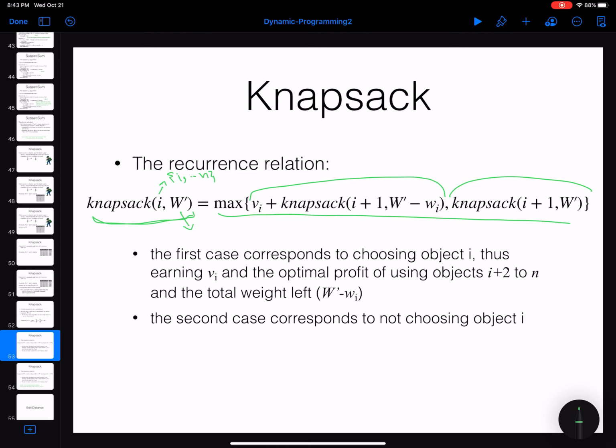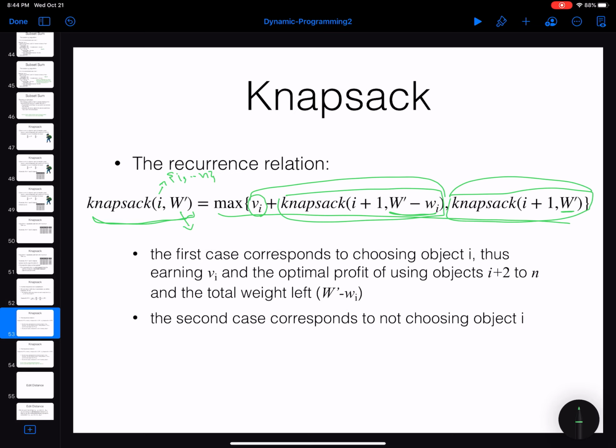If you are taking object I, you are adding the value of object I as well. If you are not taking it, the weight is not going to change, right? If you are taking it, you have to decrease that weight from W prime, and this is the subproblem you have to solve. So compare these two and get the maximum.